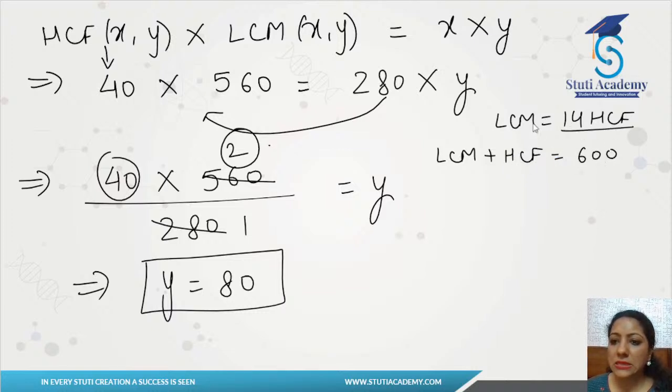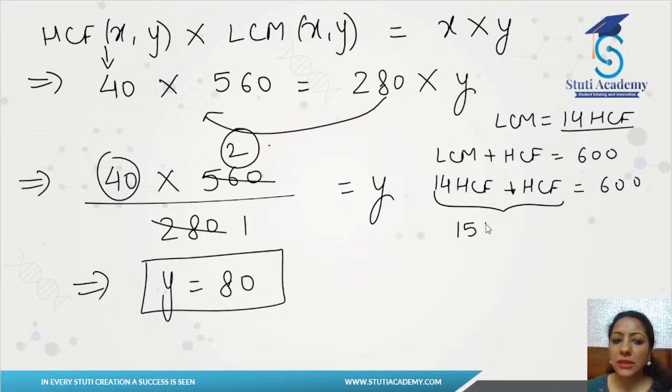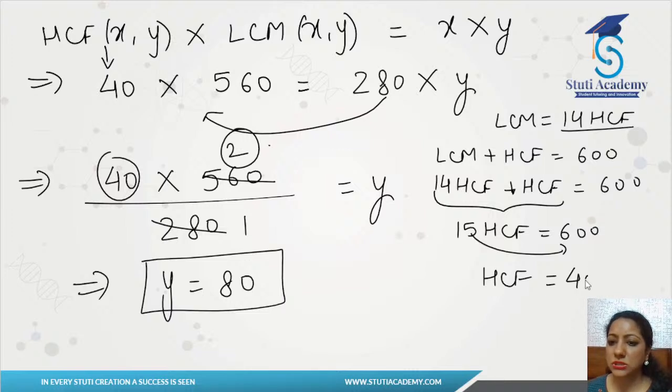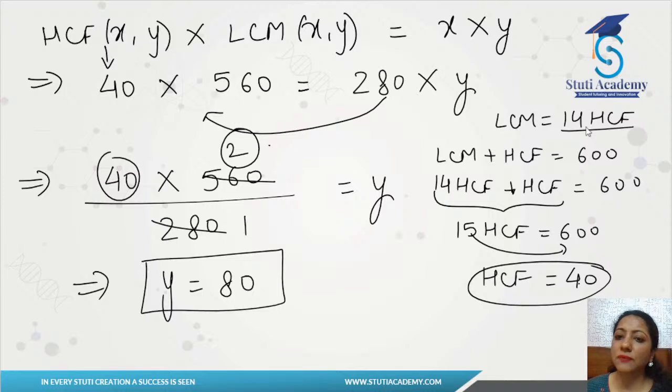If I replace LCM by 14 times HCF, I'll get 14 HCF plus HCF equal to 600. When I add, I get 15 times HCF equal to 600. Now 15 will go on the other side, and we get HCF equal to 600 divided by 15, that is 40. If I put this 40 here, I'm going to get LCM as 14 times 40, that is 560.